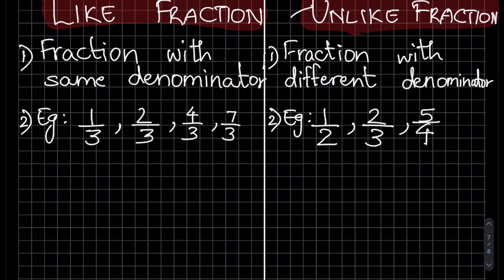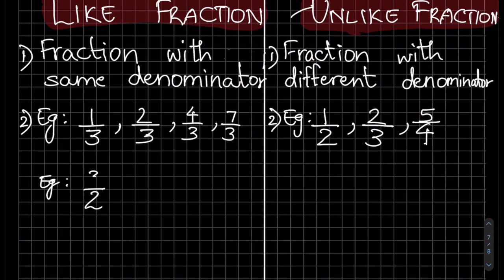For example, 1 over 3, 2 over 3, 4 over 3, 7 over 3. So here you see one common thing, the same matching thing, in all these four fractions: they have the same denominator 3. We can have some more examples. We can have a fraction with denominator 2.